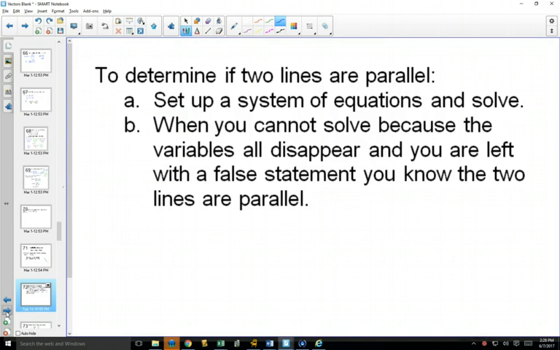And when you try to solve that system of equations, you end up with some sort of false statement that isn't true. So you try to solve it and you get, oh, 5 is equal to 7. Doesn't make much sense. And that's telling you those lines aren't going to intersect and those lines are parallel.